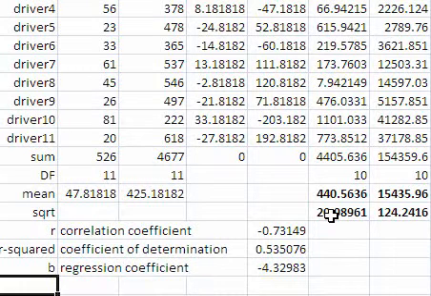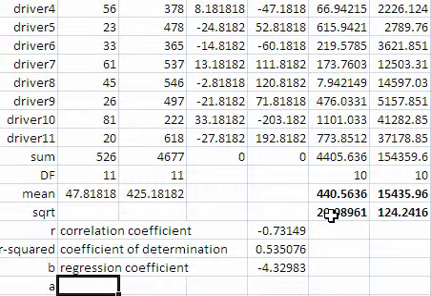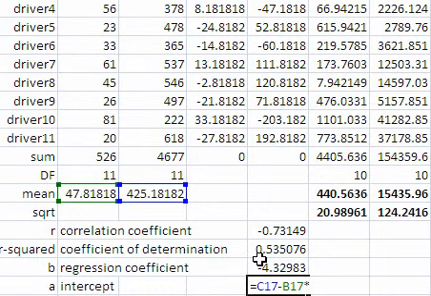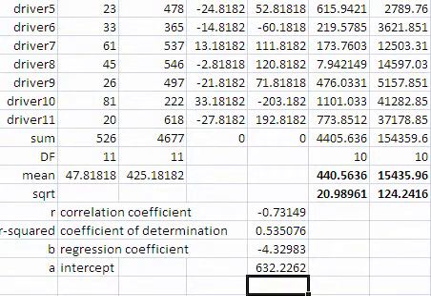And we can calculate the regression statistic A, called the y-intercept, as equal to the average value of y minus the average value of x times the regression coefficient, and 632.